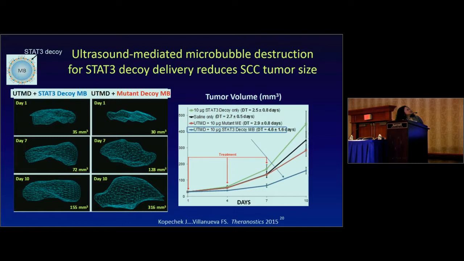This is the decoy treated animal showing a delay in the growth of the tumors, although you can see that it starts to accelerate again after the treatment. We give 2 treatments on day 1 and day 4, I believe, but then you see that unfortunately the effect, at least with this regime, is not sustained.